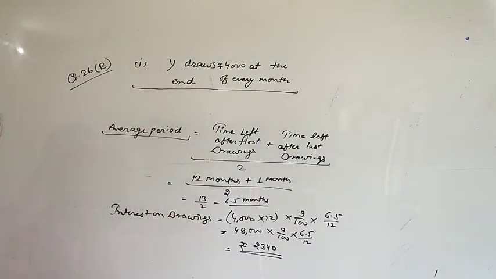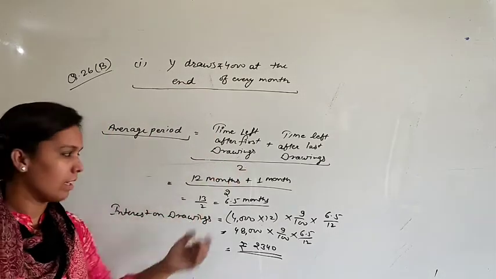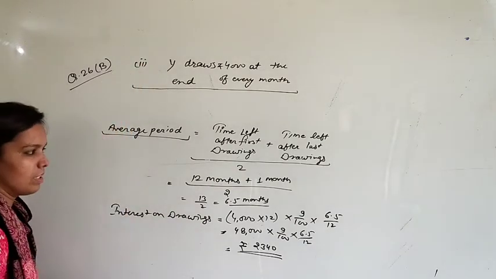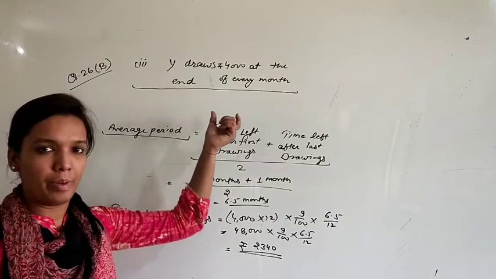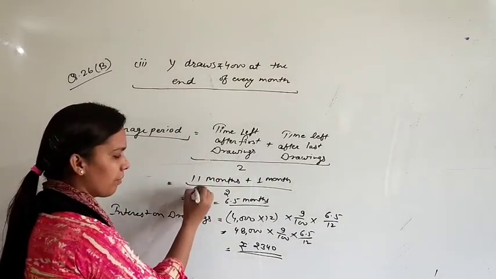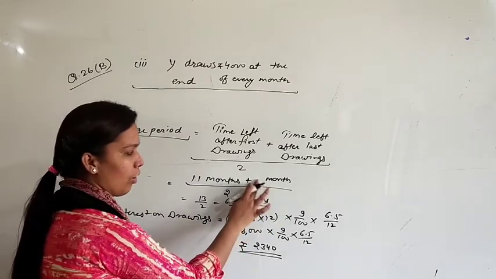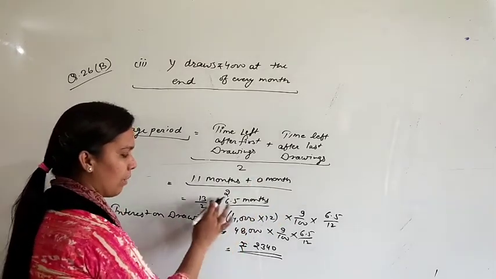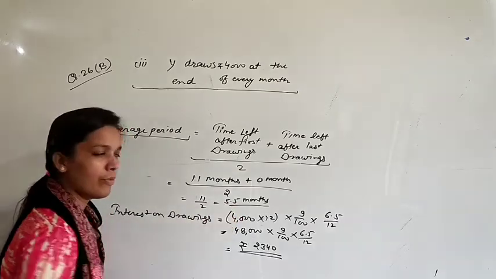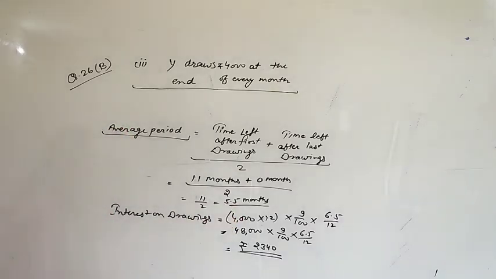The formula will be the same in the second case. Now see, at the end of every month, after your first drawing you will have 11 months and after the last drawing you will not have any time left. It means you have to calculate interest for 5.5 months.